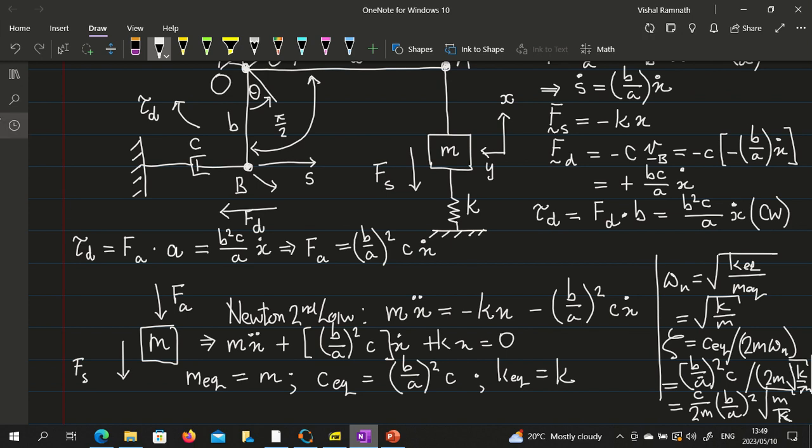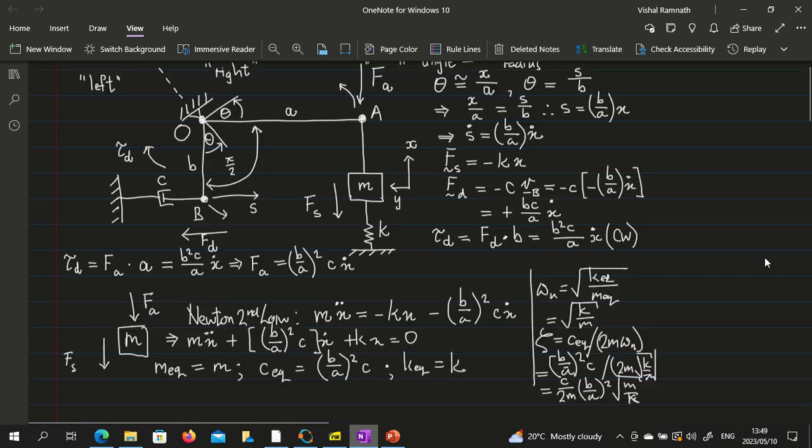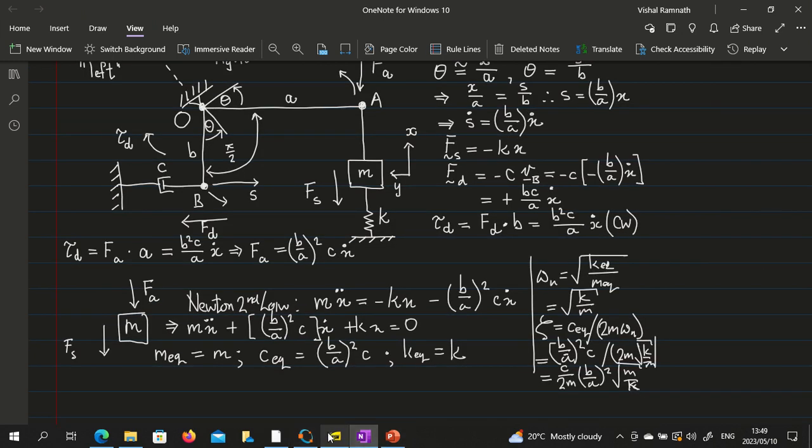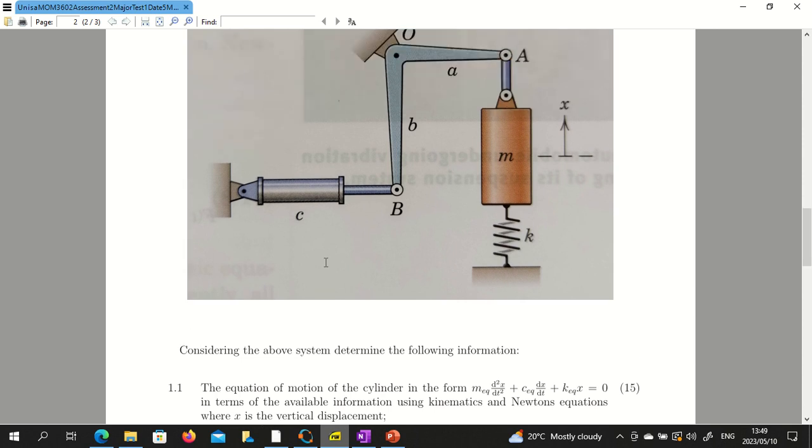And then that's the answer at the end of the day. So that is the solution to the question 1.